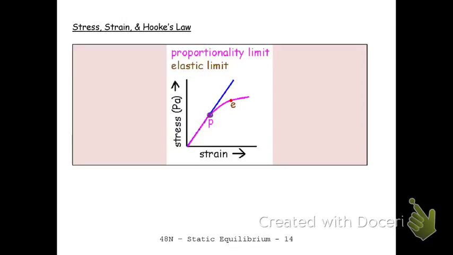I start getting more extension for a given load. It should be following this linear path, but I'm getting more extension. But if I take the load off, it goes back. What's going on there? This is my take on it. You have 3 atoms and 3 atoms and 3 atoms.